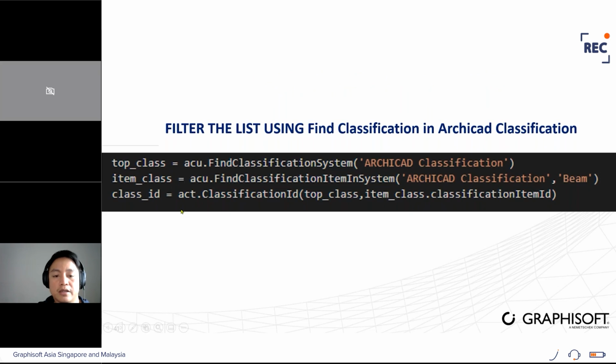Then the plan is we will be using filter and classification in Archicad. So I'll be using classification to filter out. Okay, so the plan is create this script to search for Archicad classification BIM. So I'll be searching for BIM only for this exercise, but again, you can actually select all or get all element types.